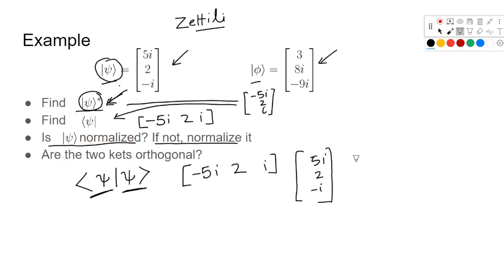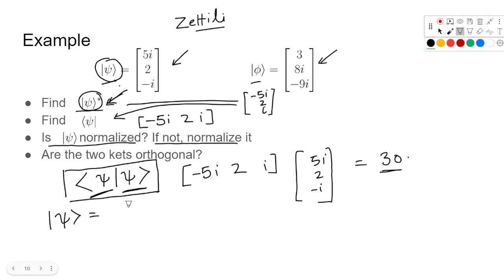What we see here is that we get 30. Remember that this inner product is always going to be a scalar. It is not a vector, so it is not a bra or a ket. It has to be a scalar. Since it is not 1, it is not normalized. In order to normalize it, we need to write the ket as follows. Similarly, the bra would be written as follows.